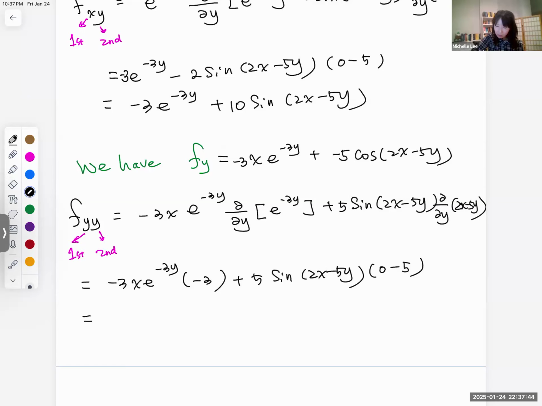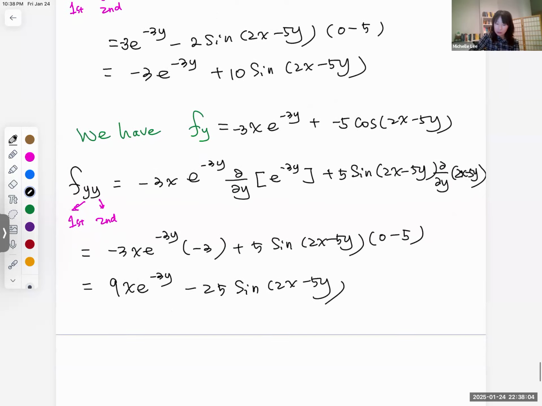So we have a negative 3 times negative 3, positive 9, x e to the negative 3y. Good job. And then negative 25 sine 2x minus 5y, right? Okay, last one.